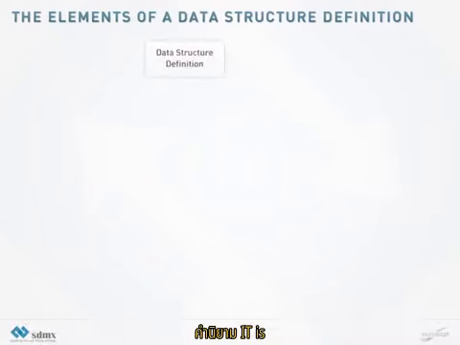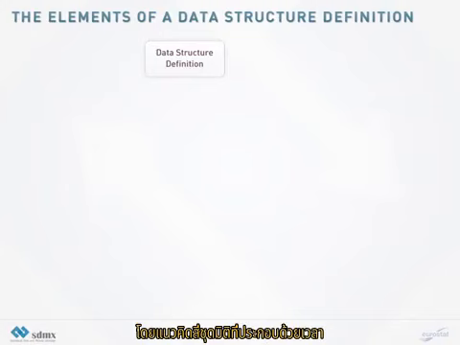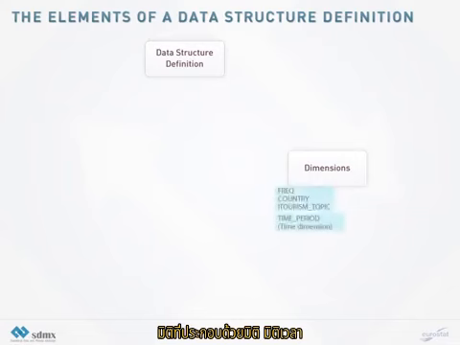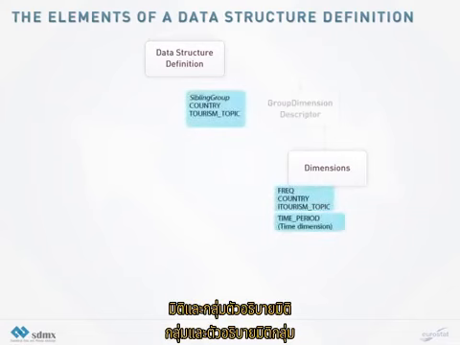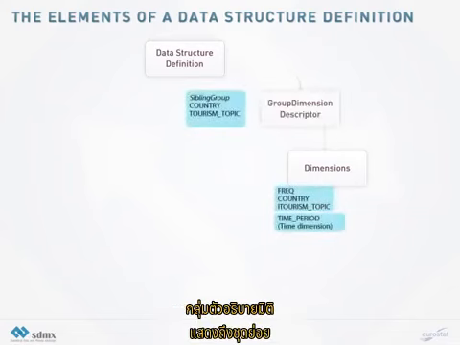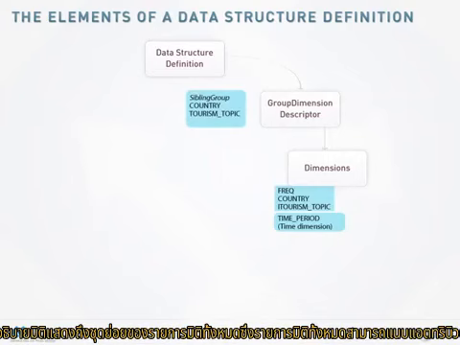The figure visualizes the relations between the elements of a data structure definition. It is formed by 4 sets of concepts. The dimensions, comprising the time dimension and the group dimension descriptor. Group dimension descriptor represents subsets of the entire dimension list to which attributes can be attached.